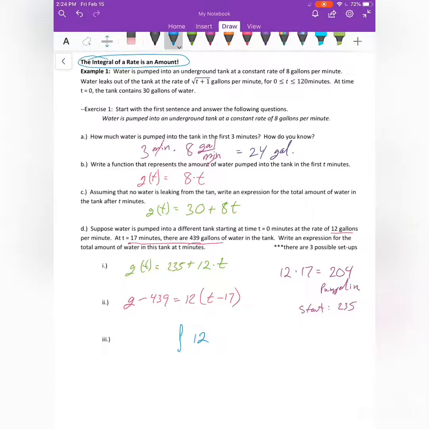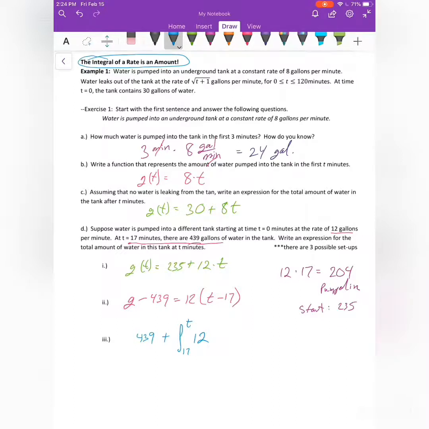Well, I know this thing starts at time 0. I get that. But if you put 17 down here as your starting time, then at that time we started with 439. So that's like an initial value. At time 17 when you started, there were 439 gallons in, and you're integrating that from 17 to some unknown time whenever we want to stop. So that actually is a really good one.